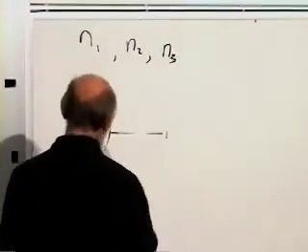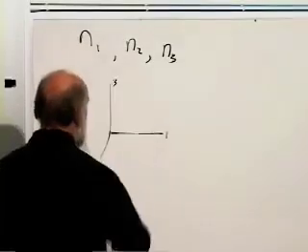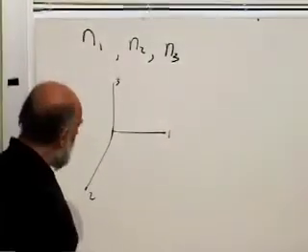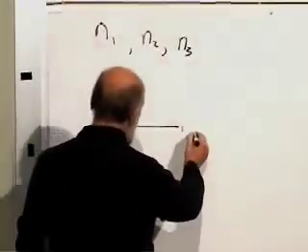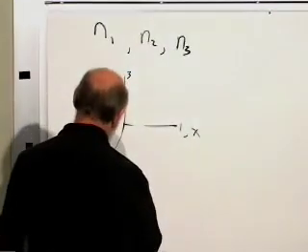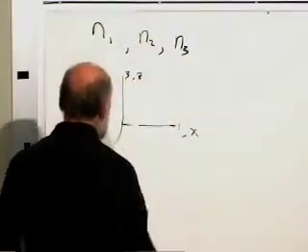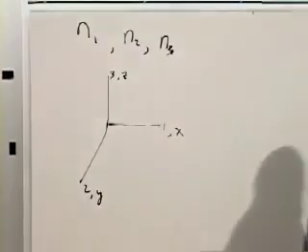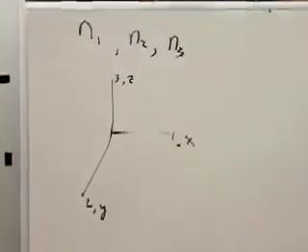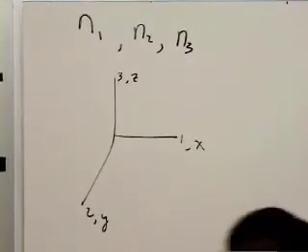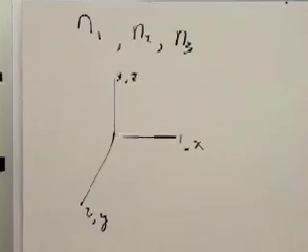I've called this one 1, this one 2, this one 3, and I may lapse every now and then into calling 1 x, 2 y, and 3 z. I've tried to keep a consistent notation in my notes, but I do have that habit of sometimes going back and forth from 1, 2, and 3 to x, y, and z.